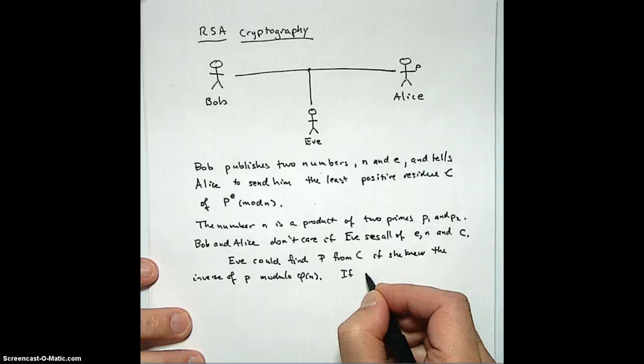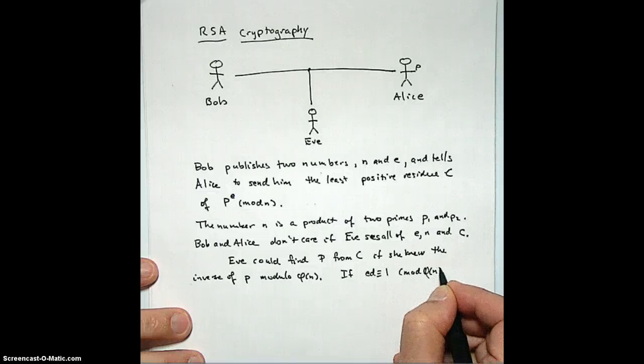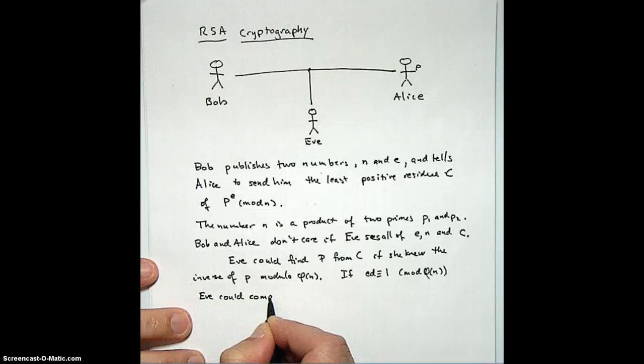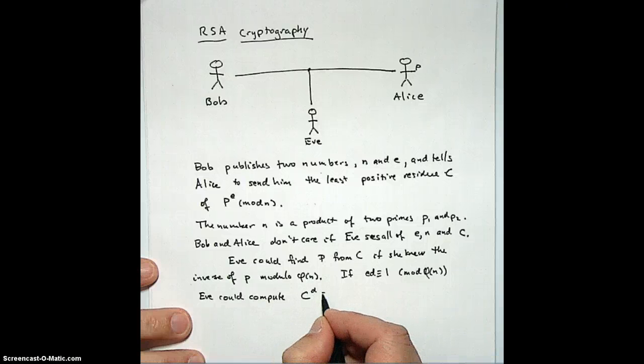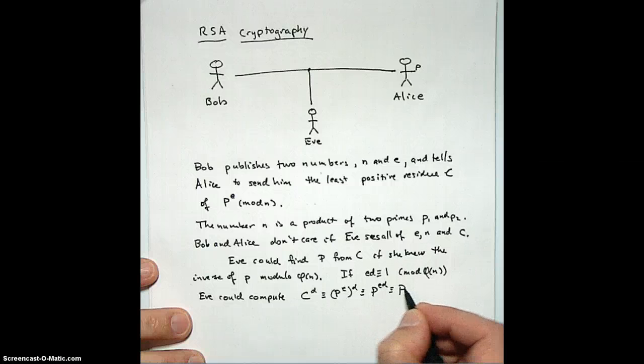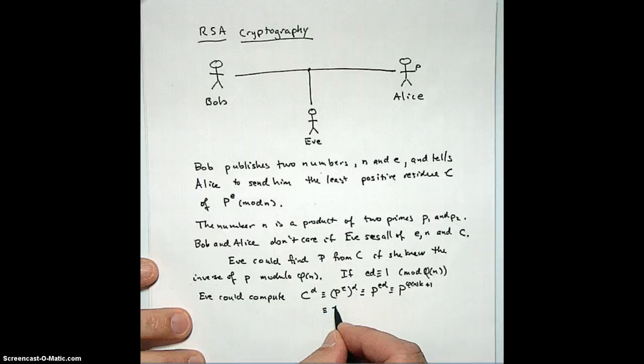Well, if we have that inverse and it's D, then Eve can compute C to the D, which is P to the E to the D, which is congruent to P to the ED, which is congruent to P to some multiple of phi of N plus 1, which is congruent to 1 to the K times P, which is congruent to P mod N.